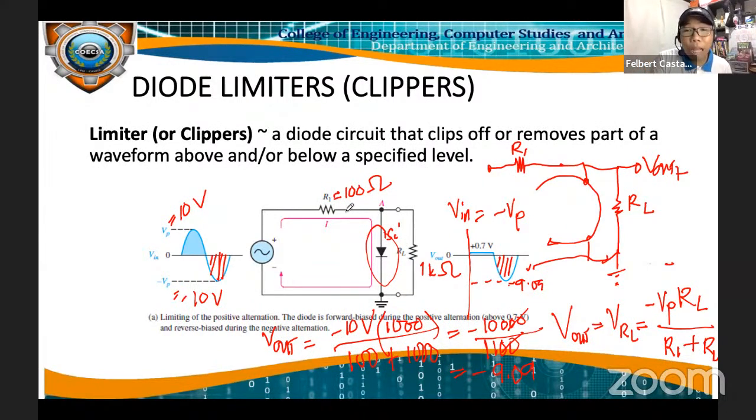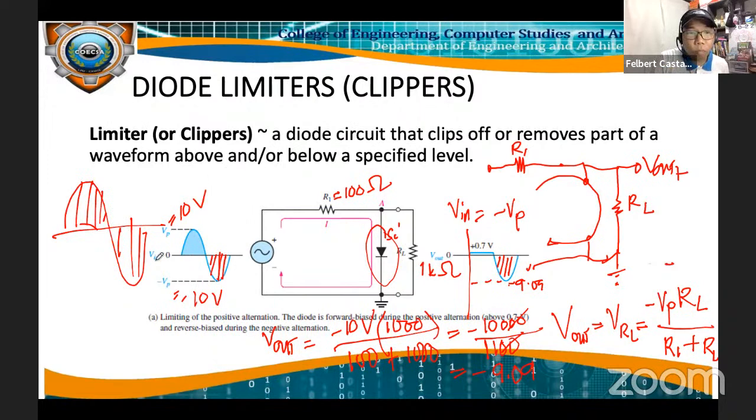So since clipper nga or limiter, ano yung pinaka natutunan nyo dito? Sabi nga, di ba, nire-remove niya or kiniklip niya or nililimit niya yung part ng waveform. Di ba, we have this input. May positive half cycle and negative half cycle. Di ba?